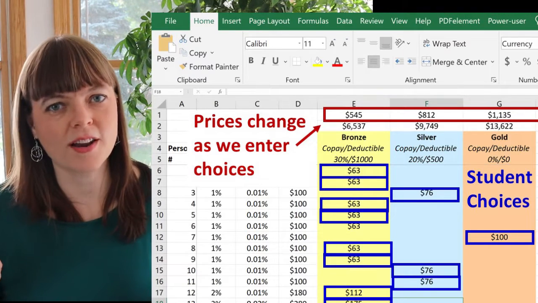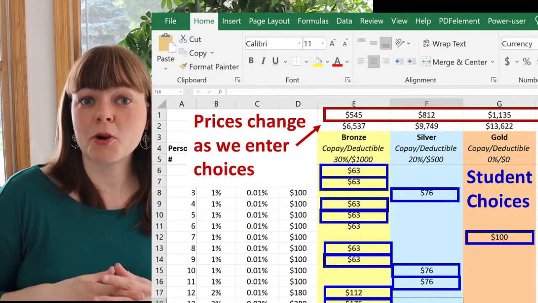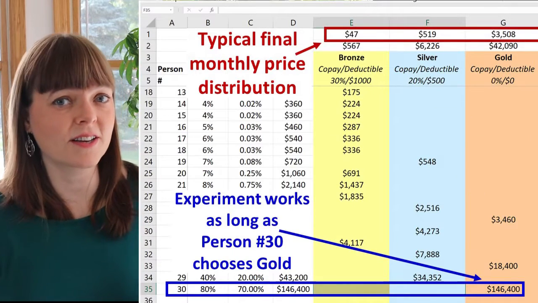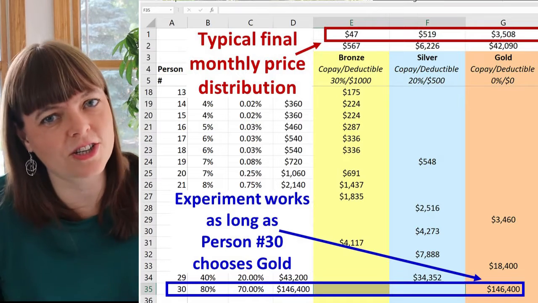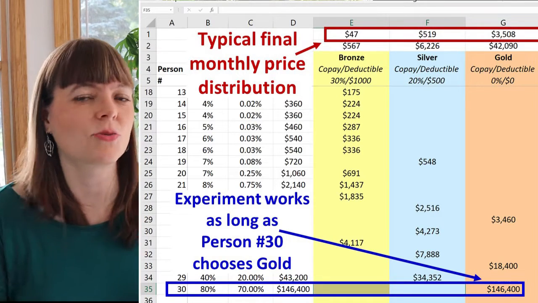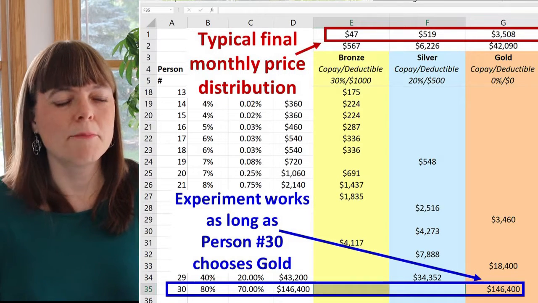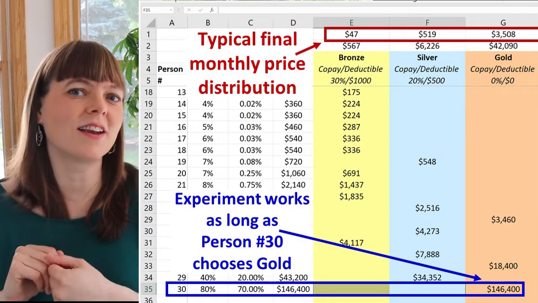Now, you might be worried, what if they don't make good decisions? And I will say, this experiment should work basically as long as the sickest person, the sickest character, chooses gold. Which really, they should choose gold. I've actually never had a situation where the sickest character does not choose gold. But if you did, you could always be like, how did you make that decision?